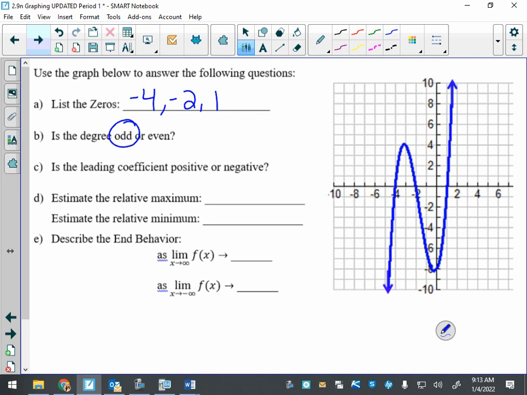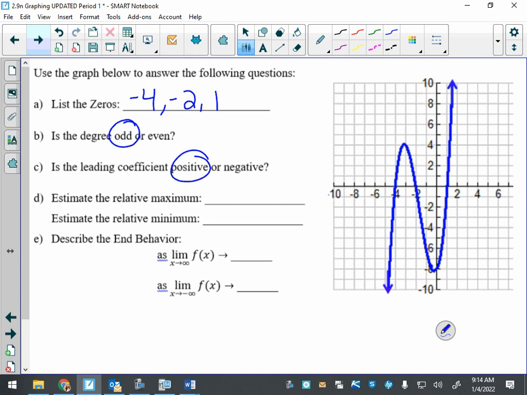Good. Besides the curves that you see in the middle, it's in the direction of a linear function. Is the leading coefficient positive or negative? Yep. It is positive. As you read it left to right, it is increasing. So what is our relative maximum? What is our maximum here?